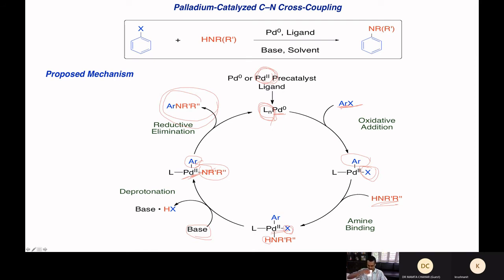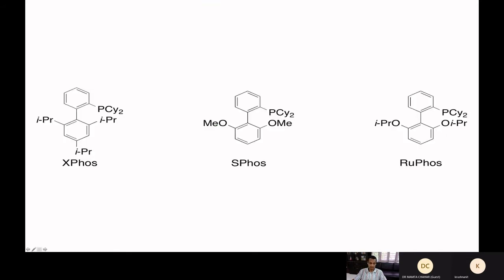It works out quite well in the same mechanism as you see in here. So the oxidative addition, amine binding, deprotonation, reductive elimination gives you the product formation. That's really powerful.